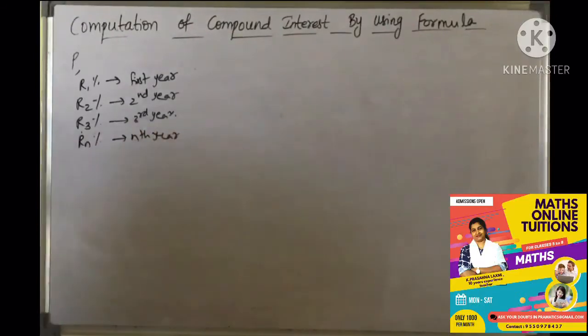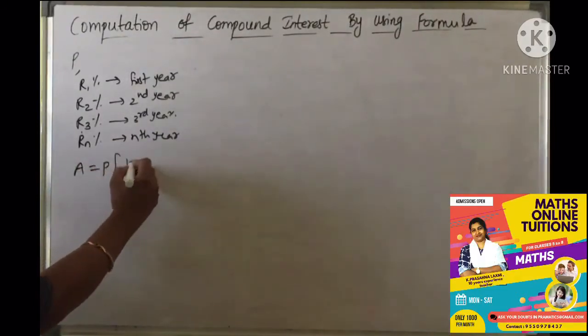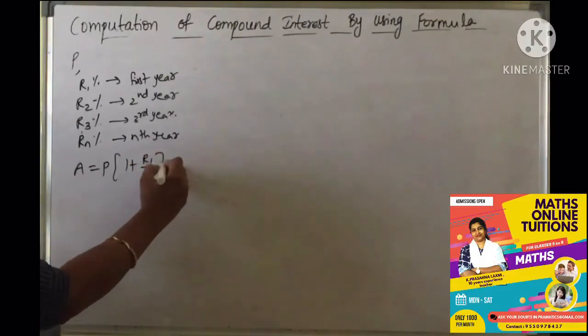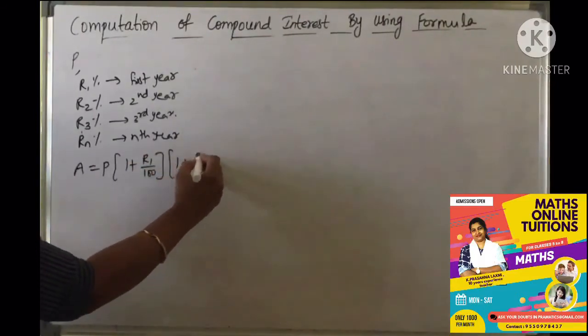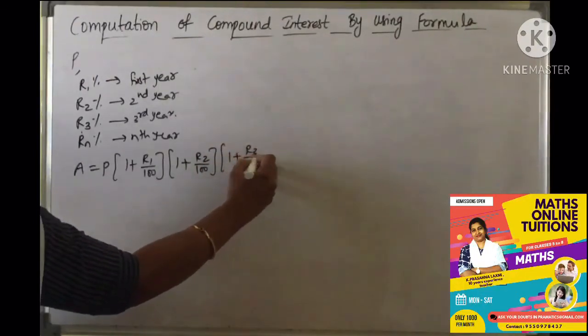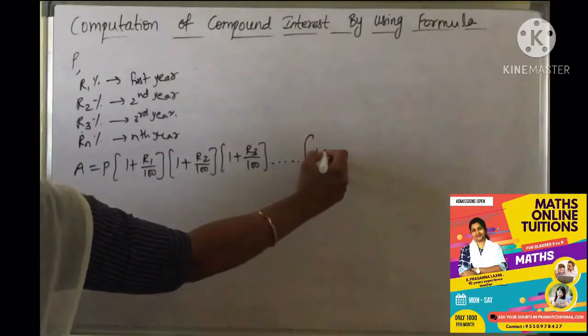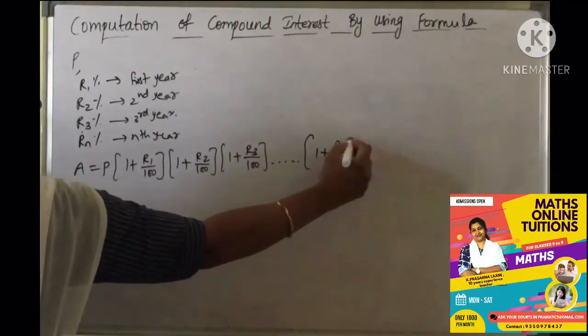Then the amount A and the compound interest at the end of n years is given as A is equal to P into (1 plus R1 by 100) into (1 plus R2 by 100) into (1 plus R3 by 100) and so on up to (1 plus Rn by 100), right?